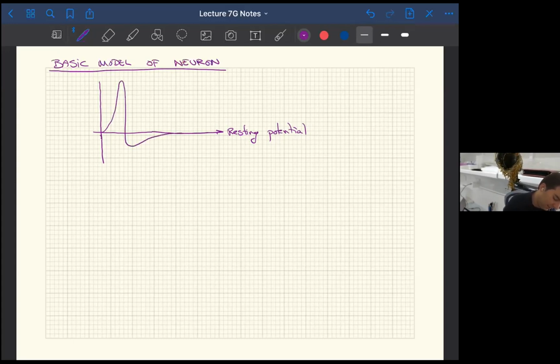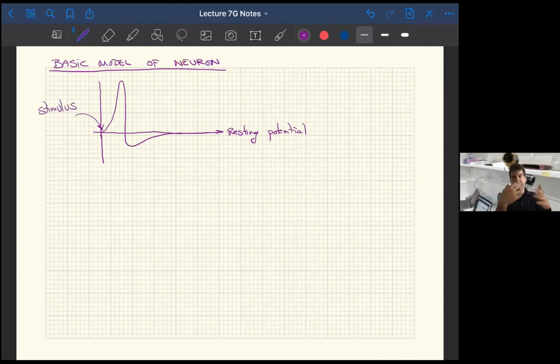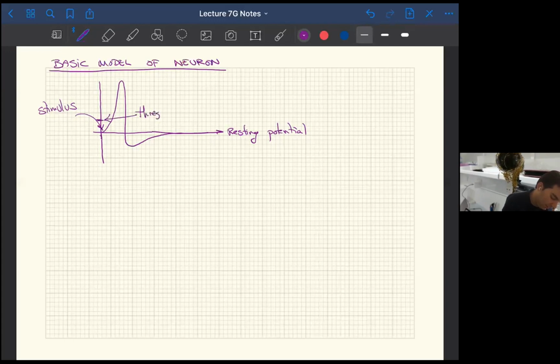And so this here is a stimulus that brings the neuron well above a critical threshold called the action potential.